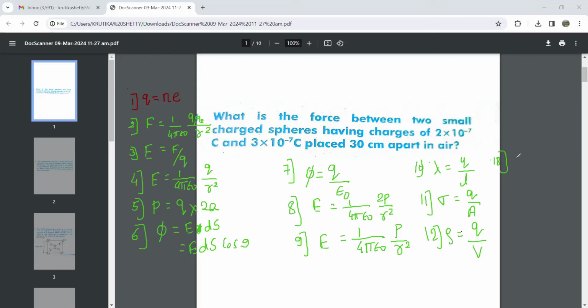Okay, that is due to the line charge, the electric field intensity is given by lambda, sorry, lambda divided by 2 pi epsilon naught into R, correct?